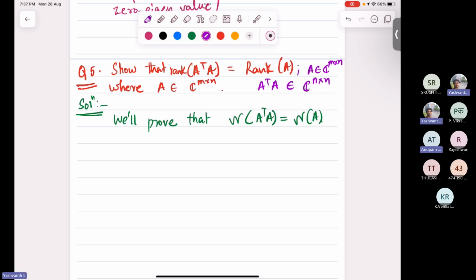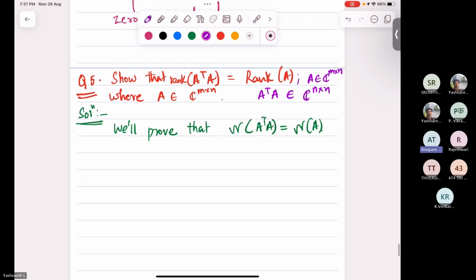Ultimately, the rank is the minimum number of linearly independent columns, variables. So both A transpose A and A matrix should have the same linearly independent variables. I think you're going to the right point.